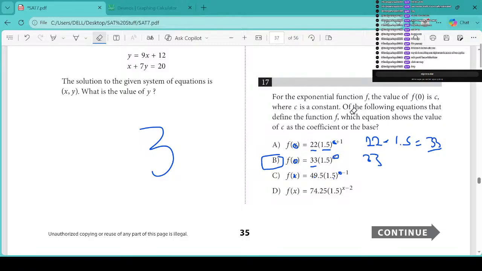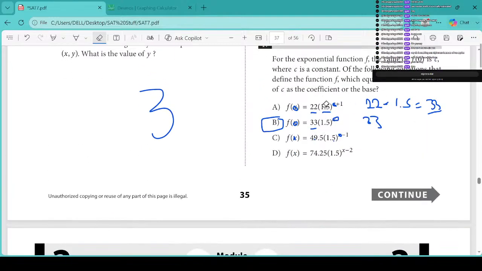Yeah, some questions ask if there is a value shown as the coefficient or the base. Basically, if there's a value shown as the coefficient or the base, you just solve for C. After you solve for C, which is 33, you see if there's 33 in any of these.